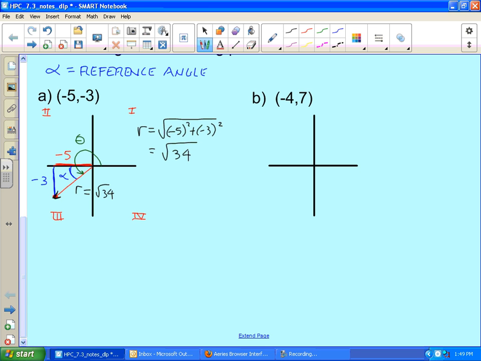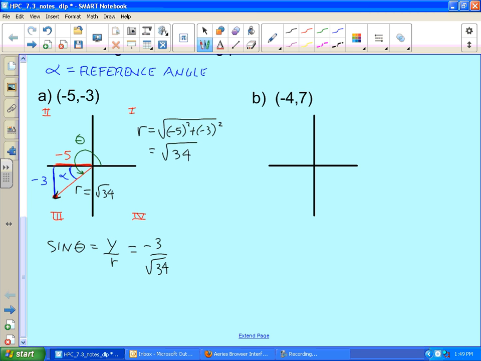Now, we can answer the question of what is sine? Sine of this angle. Well, sine we know is y over r. And our y, we just discovered, was -3. And our r, we said, was the square root of 34. Do I leave answers with radicals in the denominators now?